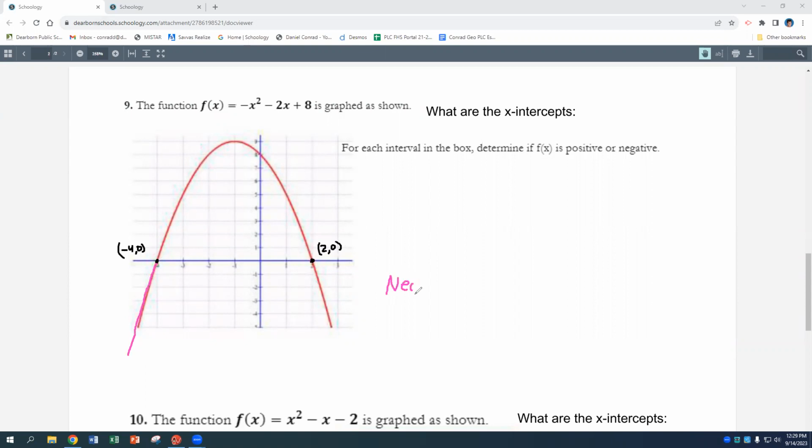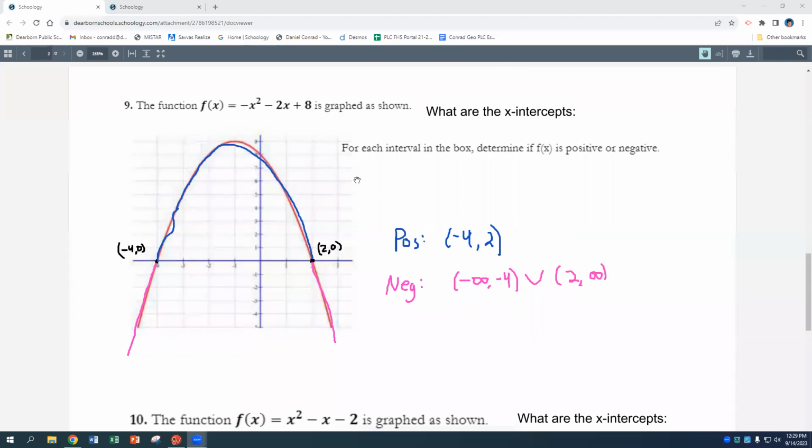This is negative, from negative infinity to -4. And then we become positive, above the x-axis, all the way from -4 until 2. So we're positive from -4 until 2. And then we go negative again, from 2 all the way to infinity, all the way to the right.